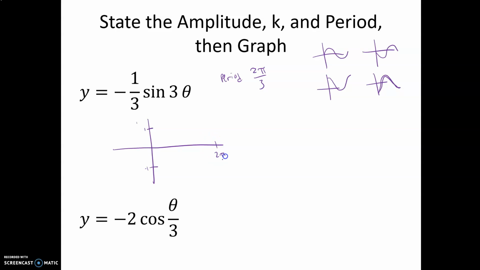Half of that would be 2 pi over 6, which would be 1 pi over 3. So 2 pi is over 3. Half of that would be 1 pi over 3. Half of that would be 1 pi over 6. So notice 1 pi over 6, 2 pi over 6, 3 pi over 6, 4 pi over 6. And then we can do our sine function.